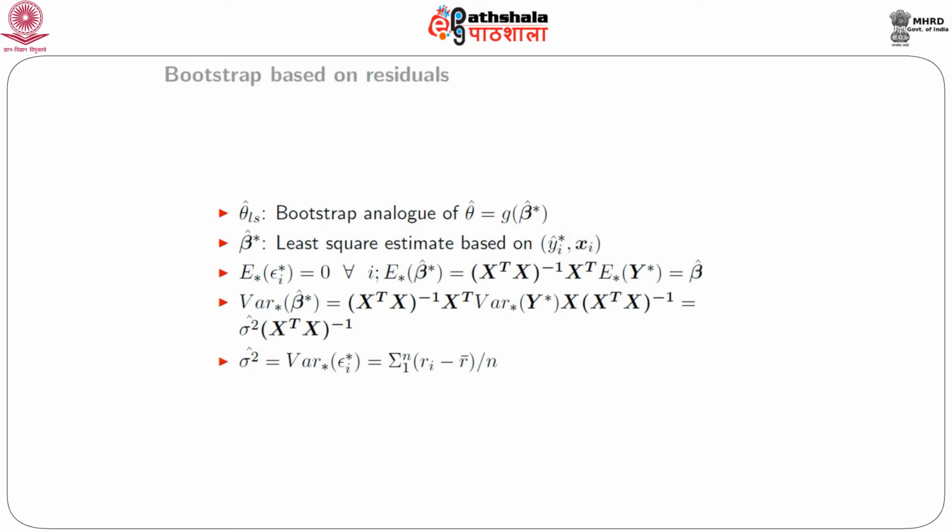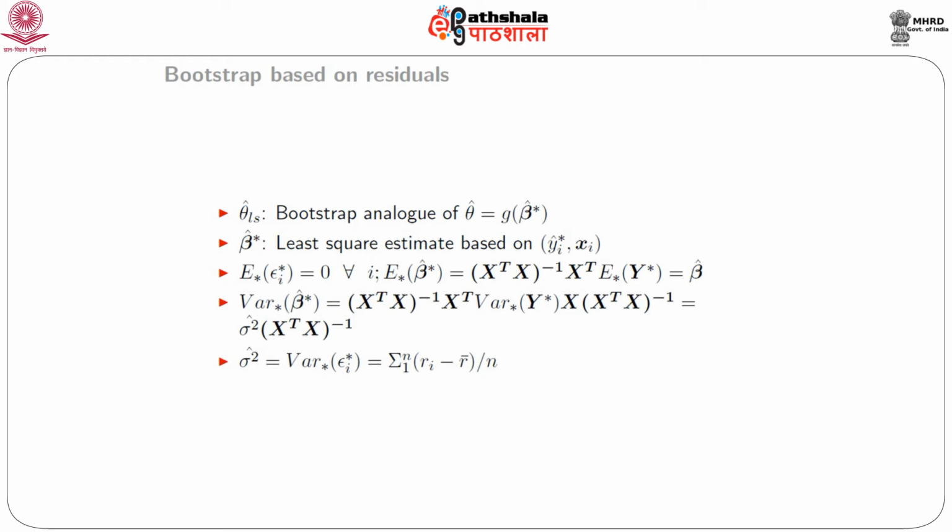Now, note that expectation under star, that means expectation under the bootstrap, of epsilon_i star is 0, meaning that expectation of beta hat star is (X prime X) inverse X prime expectation of y star.